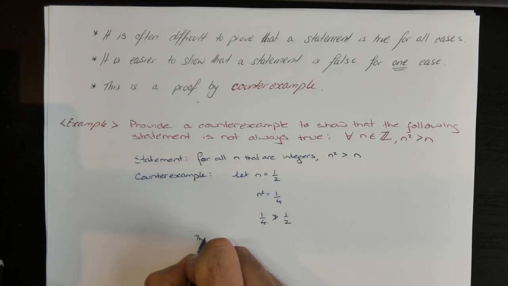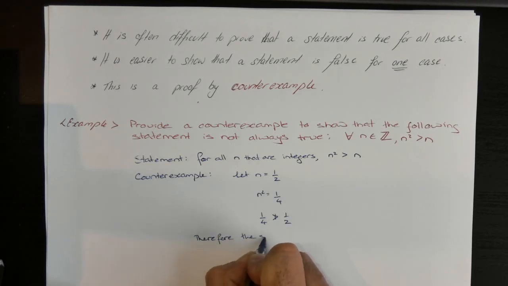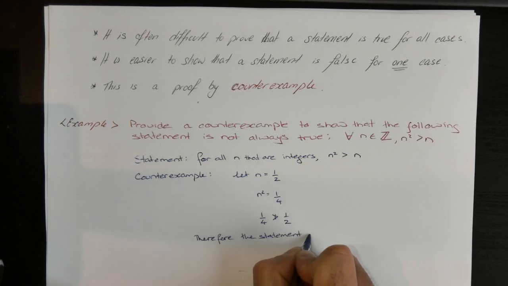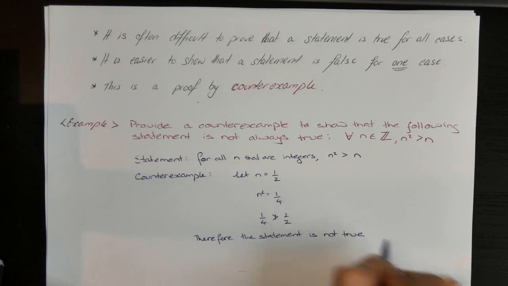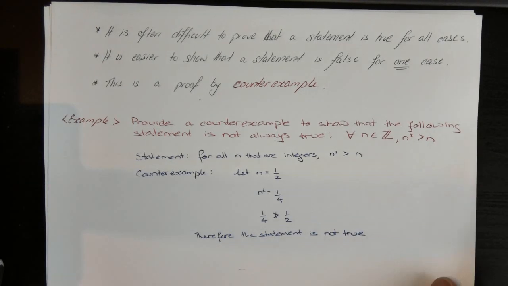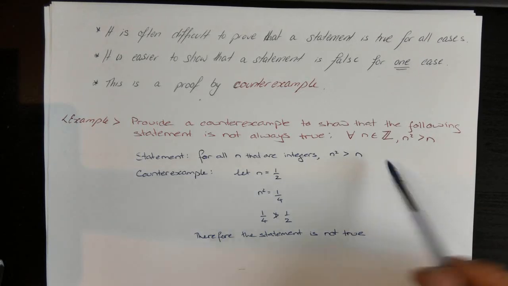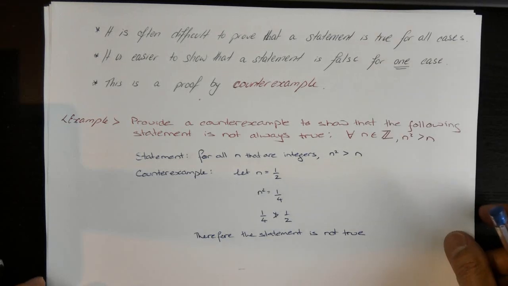So, therefore, the statement is not true. And that's enough. So it is not the case that for all integers n, n squared is greater than n.